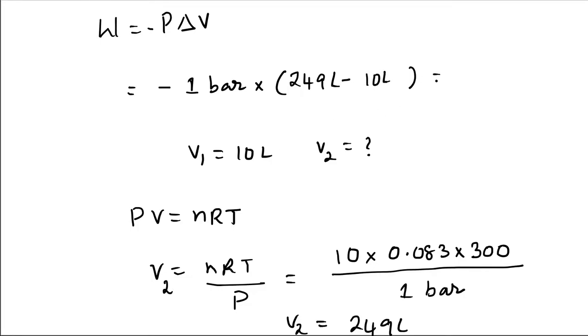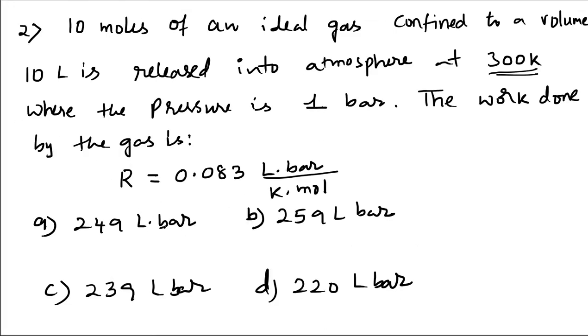That gives us negative, 249 minus 10 is 239. So negative 239 liter bar. That is the answer here. The negative sign indicates work done by the gas, so we don't need to include the negative sign in the answer. If we observe the options A, B, C, D, our answer matches C. Therefore, the answer for problem 2 is C.